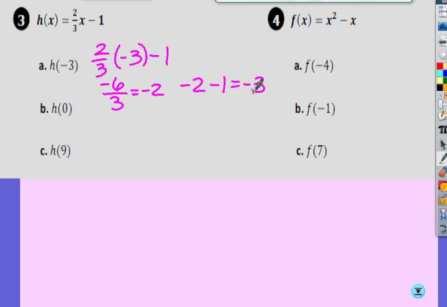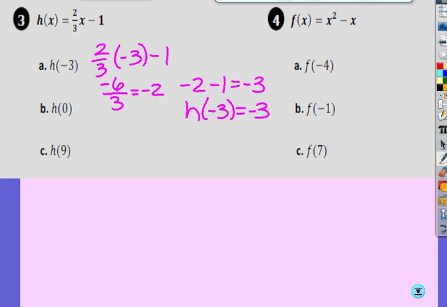When I multiplied 2/3 times negative 3, I got negative 6/3, which is negative 2. I then took negative 2 and subtracted 1 to get negative 3. Therefore, h of negative 3 equals negative 3.